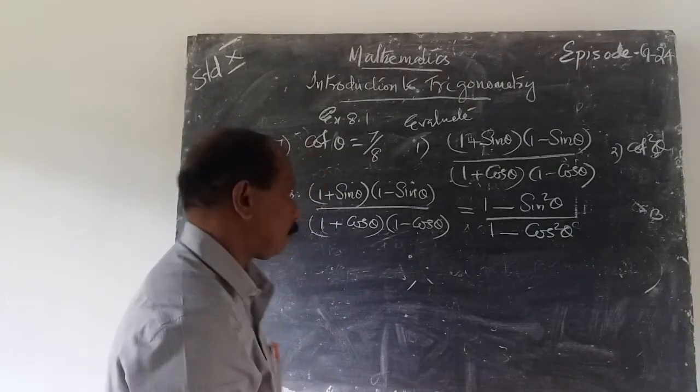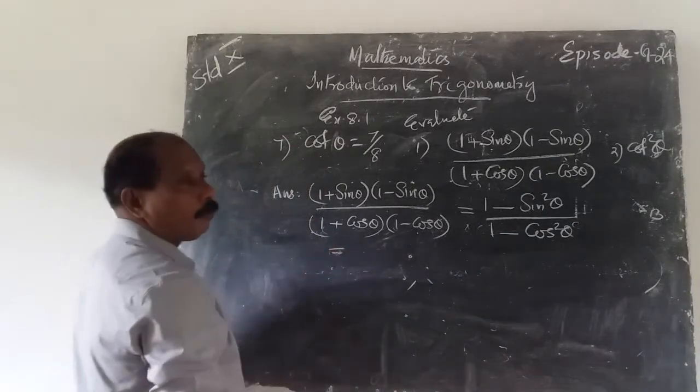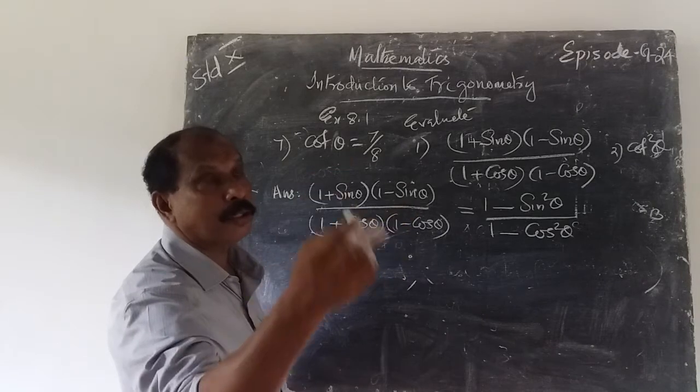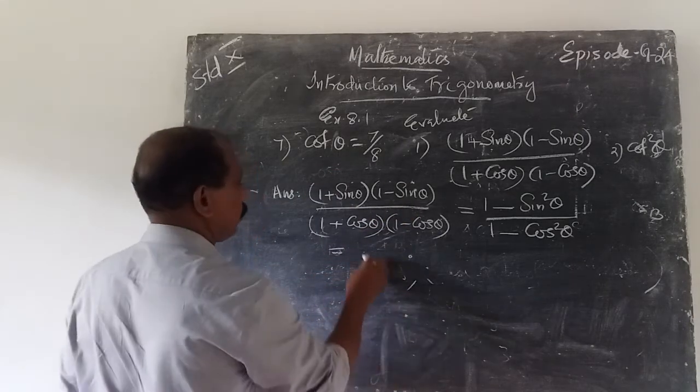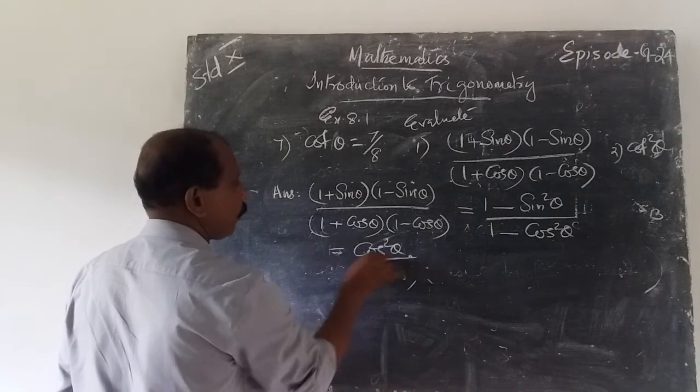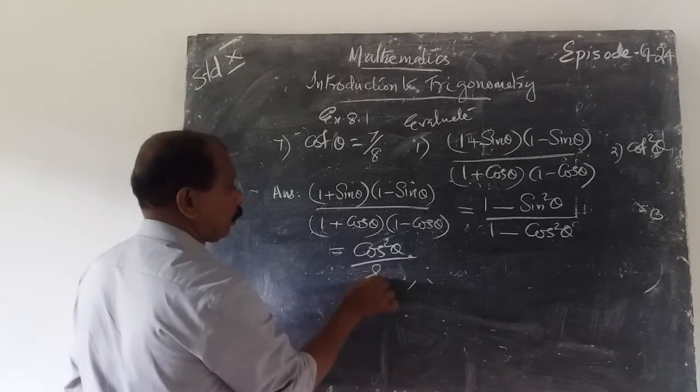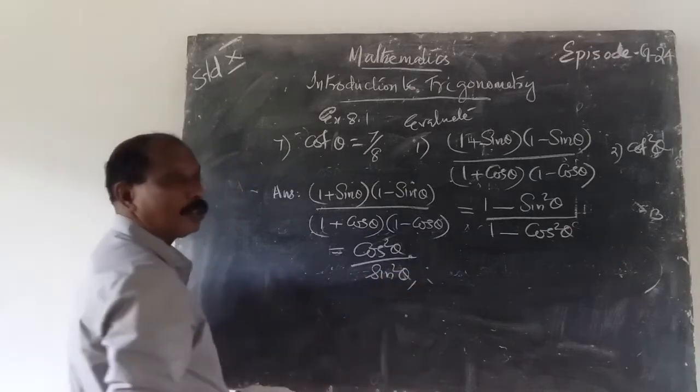What is 1 minus sin square theta? Since sin square plus cos square is 1, we know the result. Therefore, cos square theta by sin square theta. What is cos by sin? Cot.